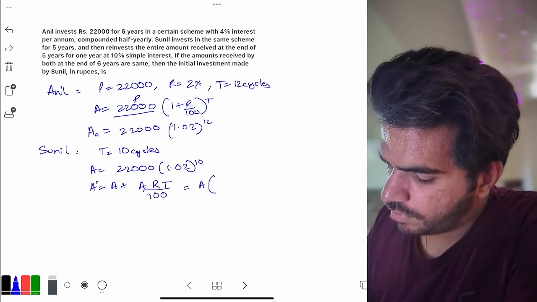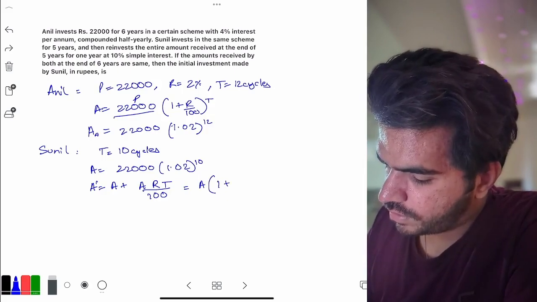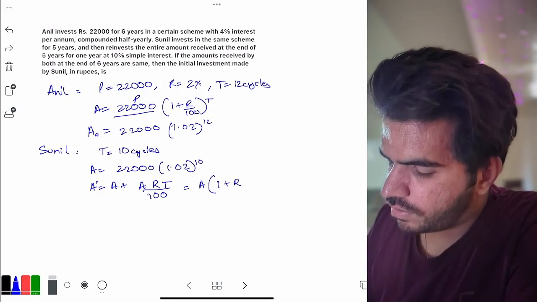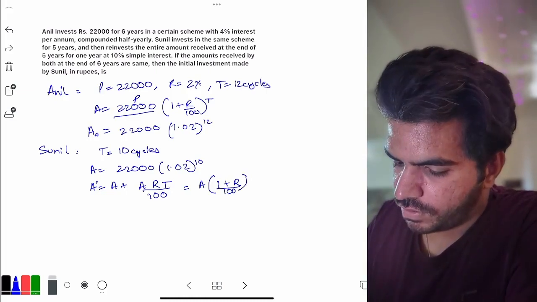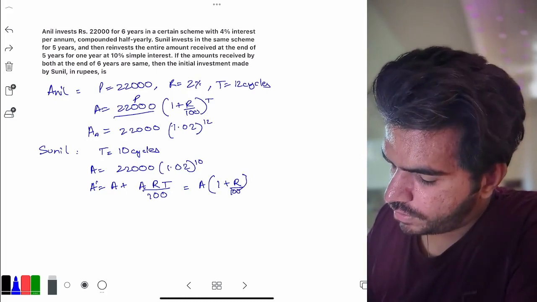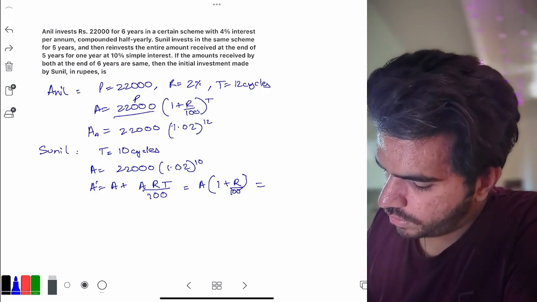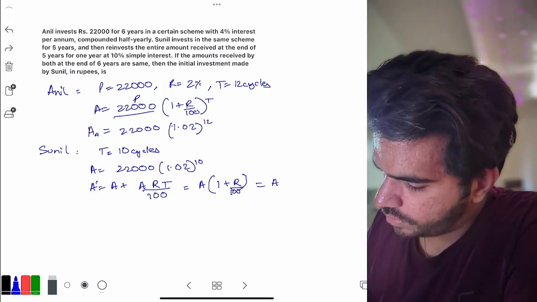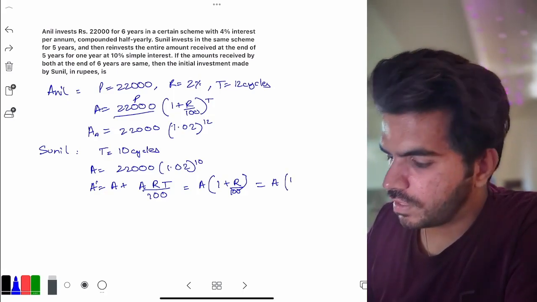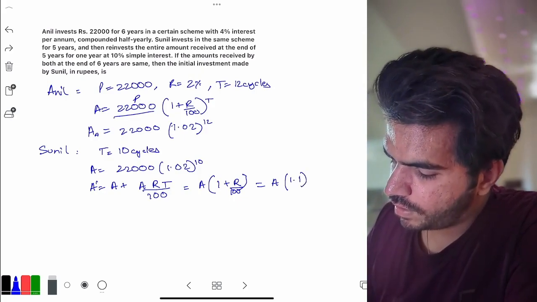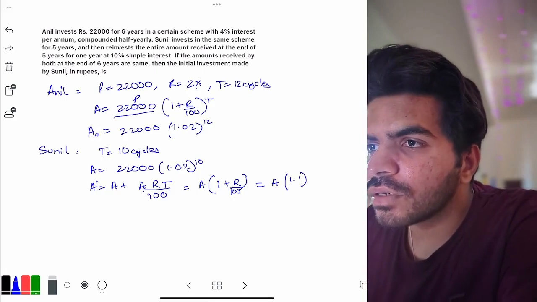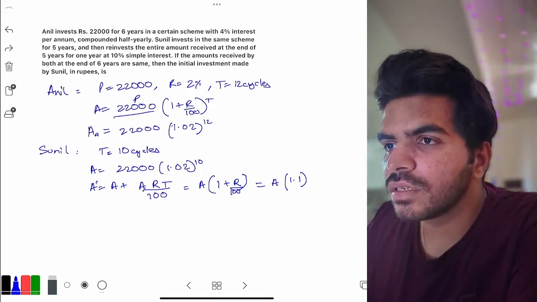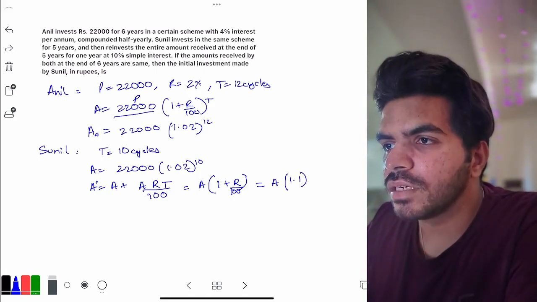This is A into (1 plus R upon 100), T is again 1, so we can ignore that. So 1 plus 10%, that is 1.1, is the result. Now it's given that the amounts received are the same, what is the investment made?